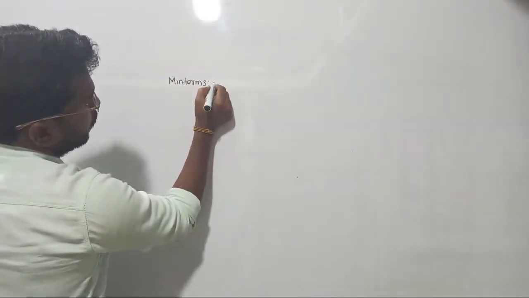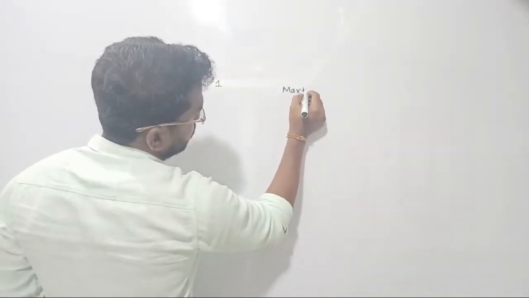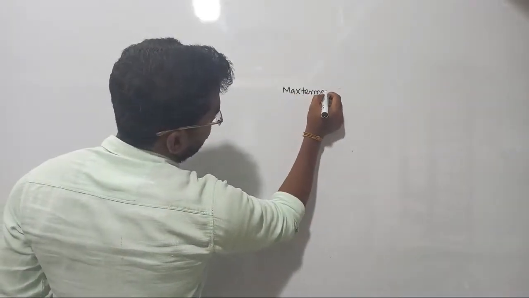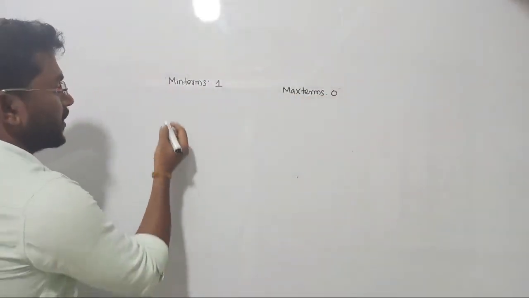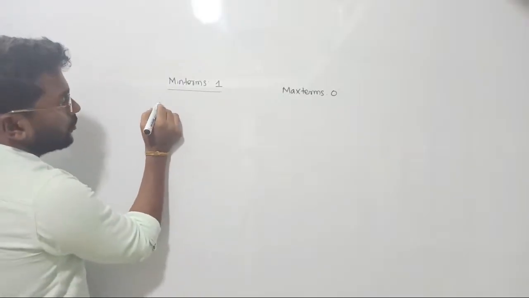Min terms, I need 1. Max terms, we have to consider 0. Right? So let's write. In min terms, what I am going to do? Very simple. Let's continue. Three variables.